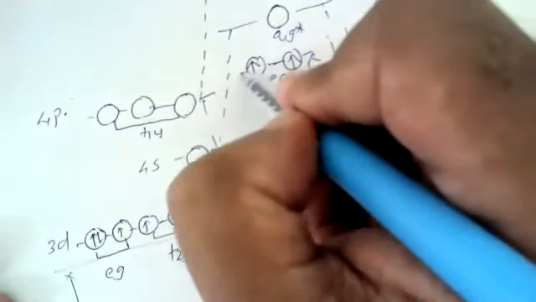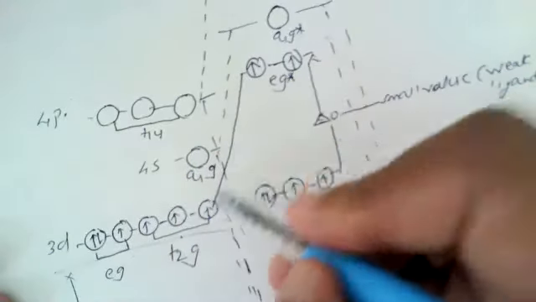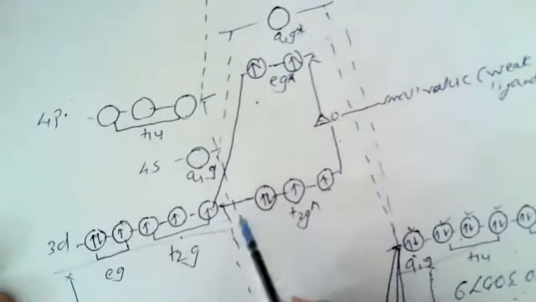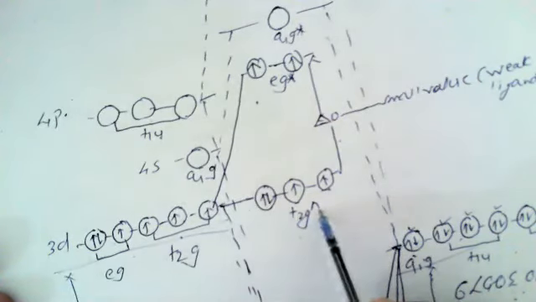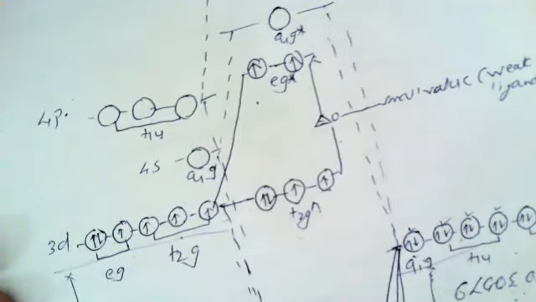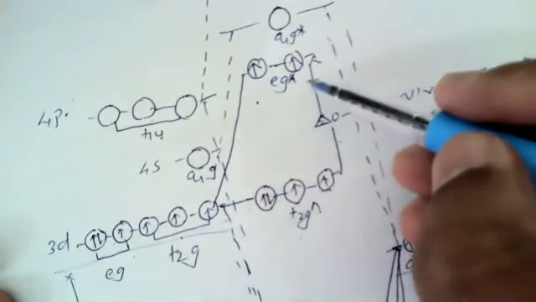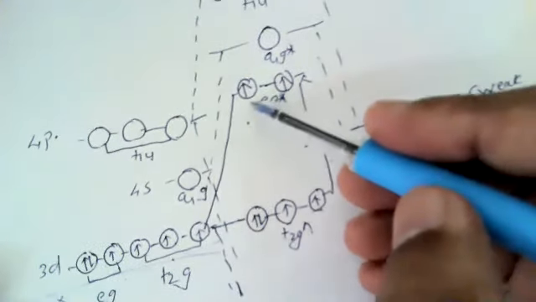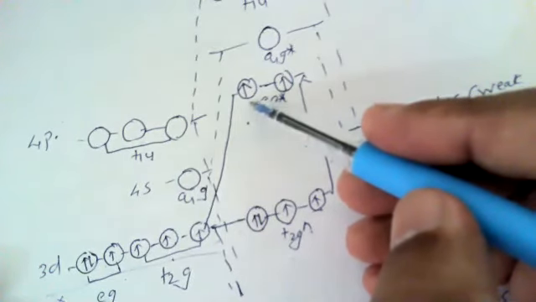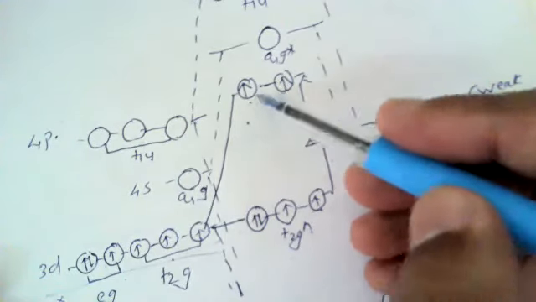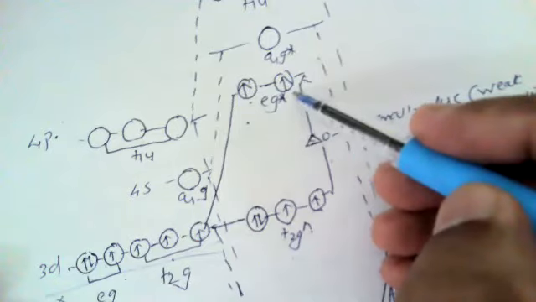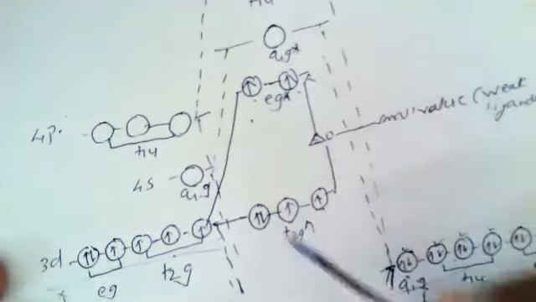So we show a thick line to Eg star, and again a thick line to T2g n. The reason is that very little energy is required to place the electron in the high energy Eg star orbital than to pair these electrons here.